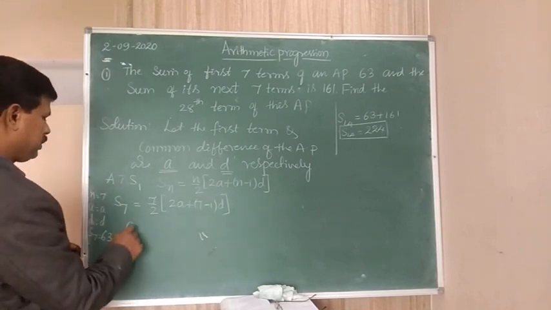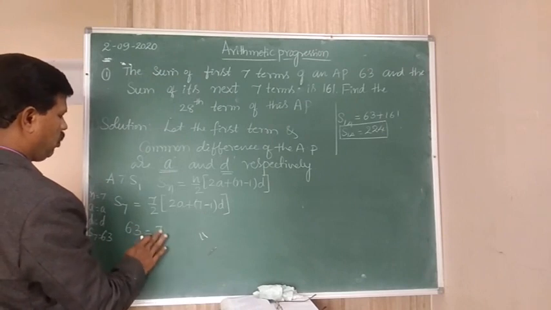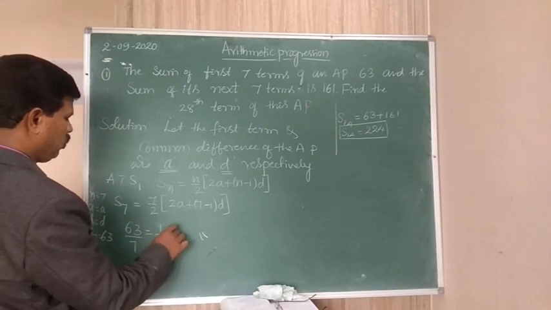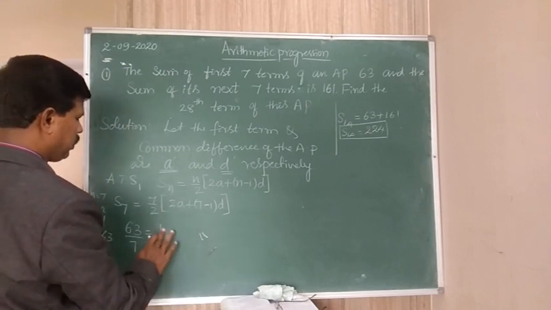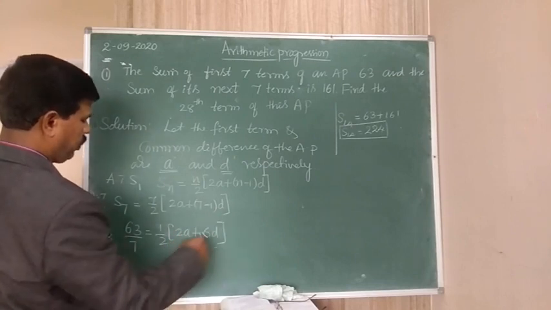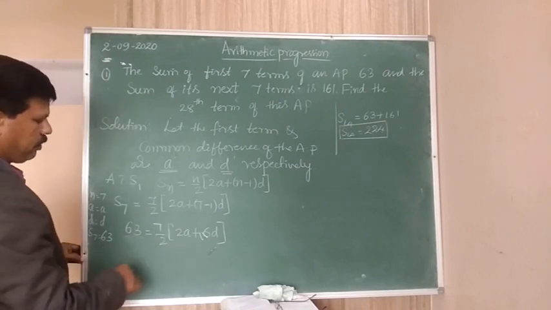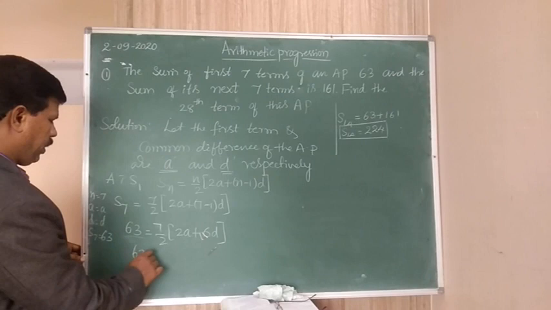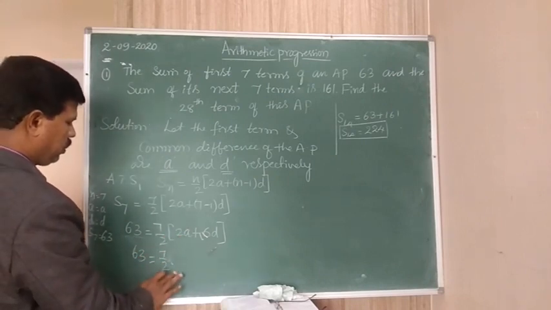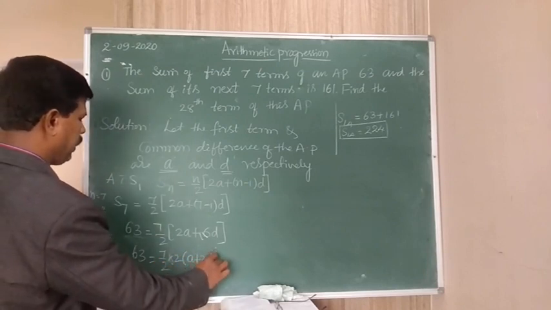Now S7 is 63 equals 7 by 2 into 2a plus 6d. If you want you can write it like this: 63 equals 7 by 2 into, taking 2 common, a plus 3d.